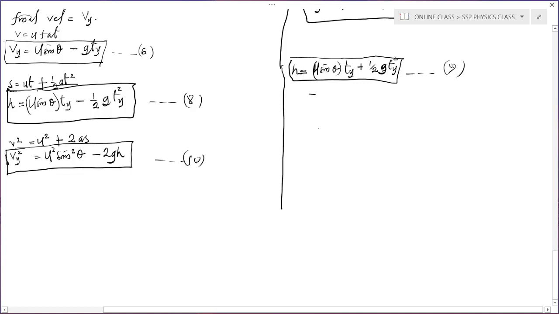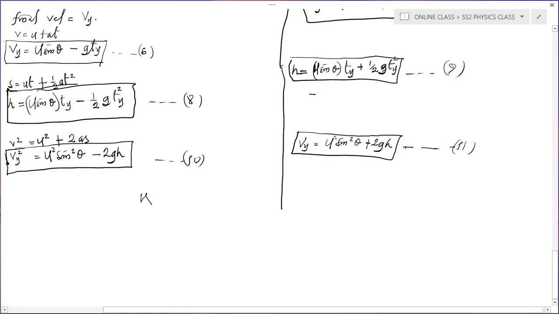And at this side, the downward movement will be having vy squared equals u squared sine squared theta plus 2gh. Now I'll still differentiate at a time, don't worry. Here we have our equation 11.